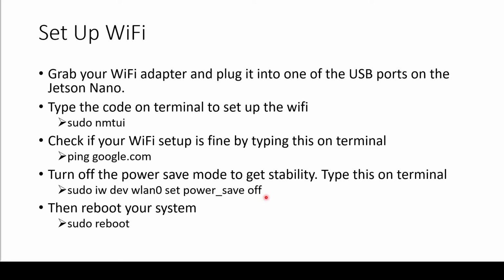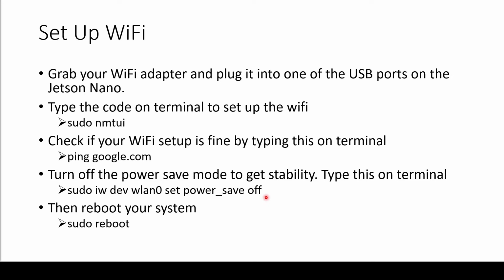You can simply open the Chromium web browser software, or you can simply type ping google.com in the terminal. It will return some of the values of everything that has been downloaded from Google.